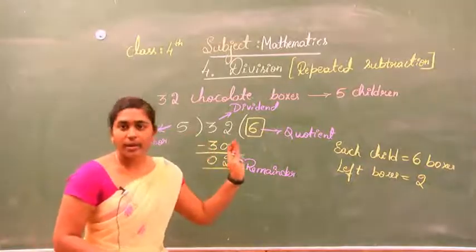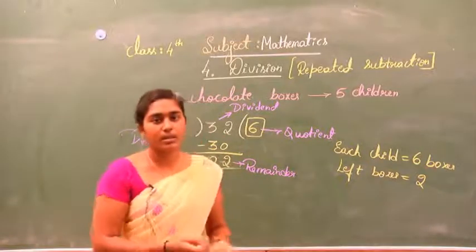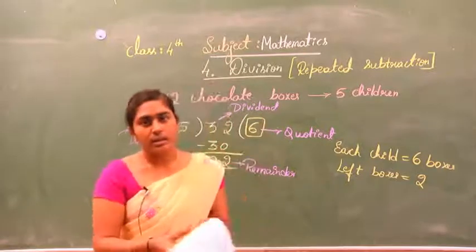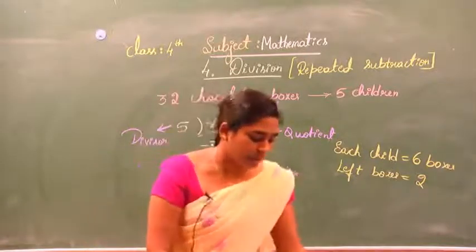Now, recalling the previous year's topics, there are some questions in the textbook in the section Check What You Know. Let's see some of the questions and I'll give some as homework.